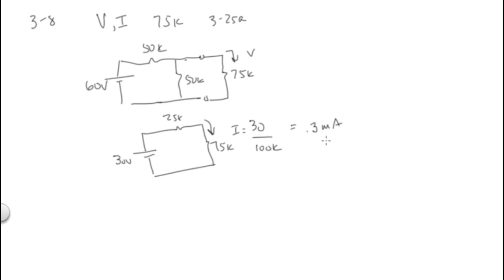Now what would be the voltage across the 75K? It's 0.3 times 75, or 22.5 volts. So I have my two answers, the current and the voltage across it. Okay. Number 9.